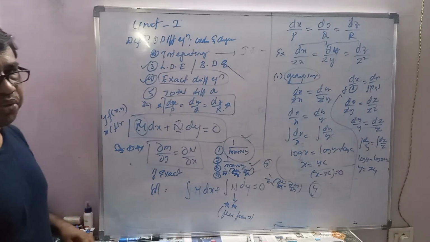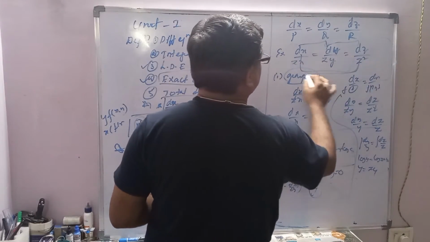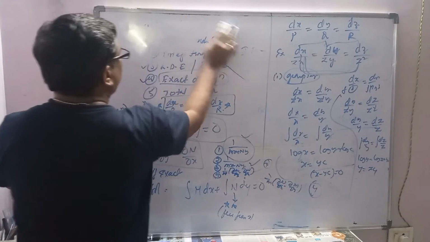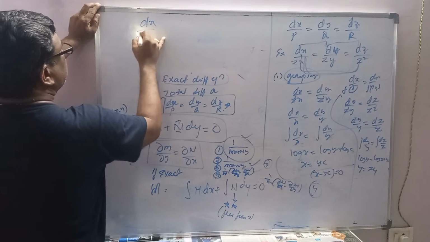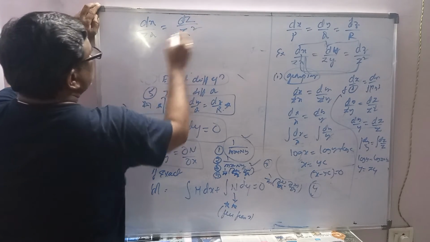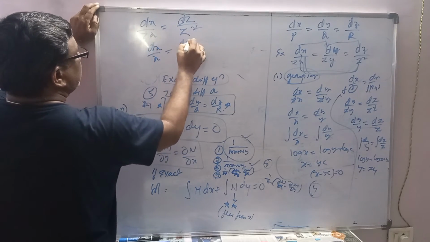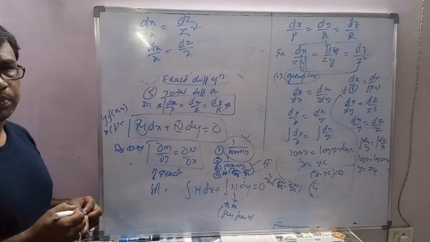Now, if you combine those two solutions, these are nothing but the solution of the given differential equation. If you consider the first one and the last one: dx by zx is equal to dz by z square. Again z cancels. Here dx by x, dz by z. Yes, it contains x and z terms only.